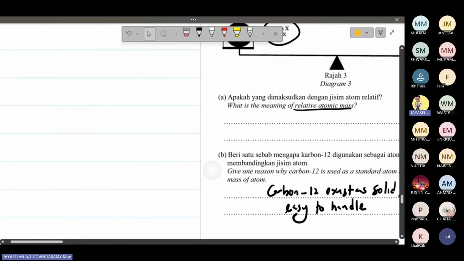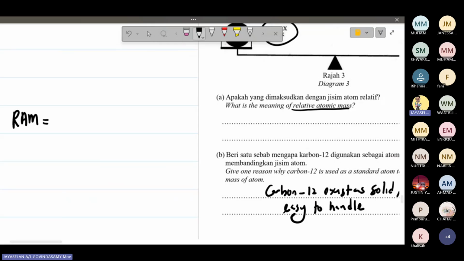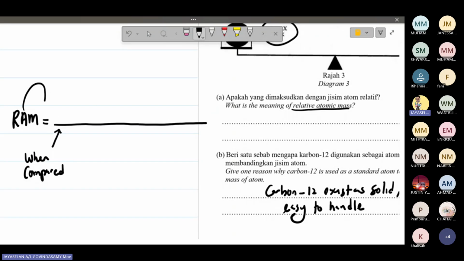Okay, now I want to define the relative atomic mass. What you guys do here, RAM, do the formula. Macam mana nak buat formula? Formula kita dah belajar, kan? What does this stand for? When compared, apabila dibandingkan. So you take the A, put here average mass, the mass of one atom of an element.